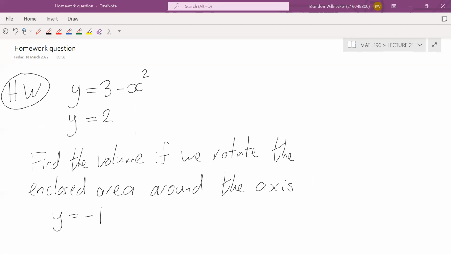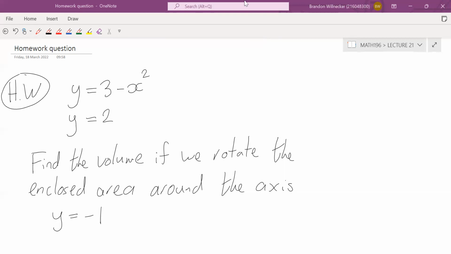So we've got y equals 3 minus x squared and y equals 2. Take that enclosed area and we're rotating it around the line y equals minus 1, exactly the same as we had before. The first person to post a full correct solution on the WhatsApp group will get 1 more mark out of 15 for next week's test.